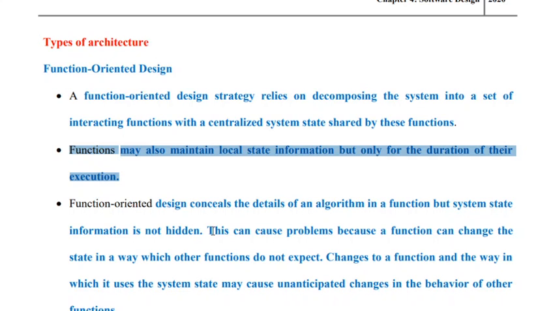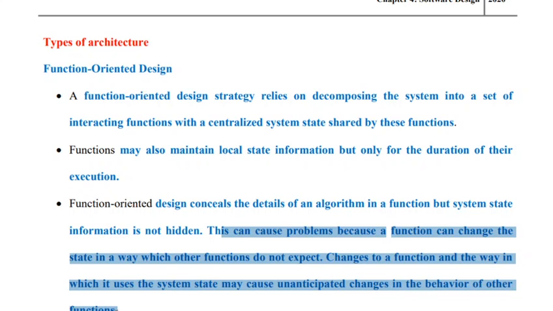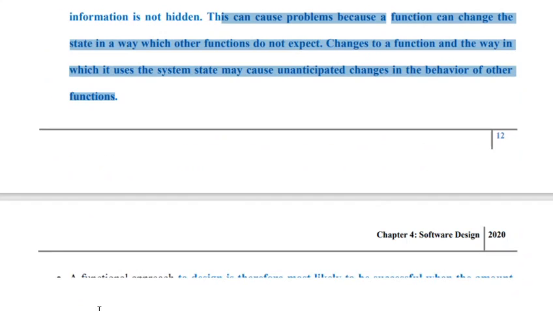This causes a problem because a function can change the state in a way that other functions do not expect. So a change to a function and the way in which it uses the system state information may cause an unanticipated change in the behavior of other functions. This is one of the major limitations of function-oriented architecture.